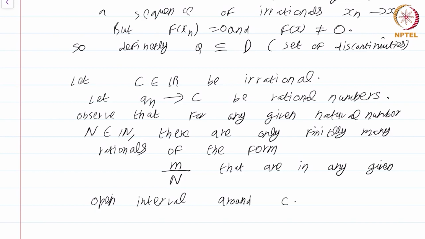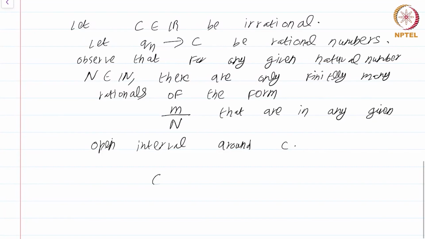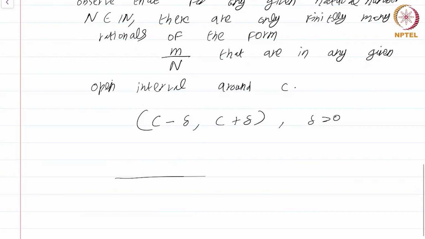So take this c, take c minus delta, c plus delta, take this open interval, delta is greater than 0. Here you have the point c, here you have c minus delta, here you have c plus delta. What this is saying is there are only finitely many rationals of the form m by N that are in any given open interval around c.